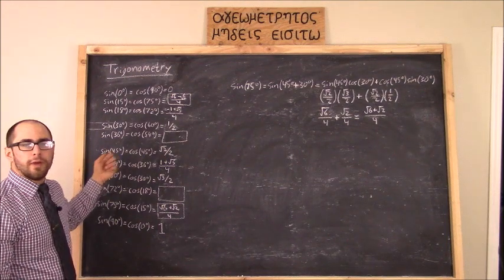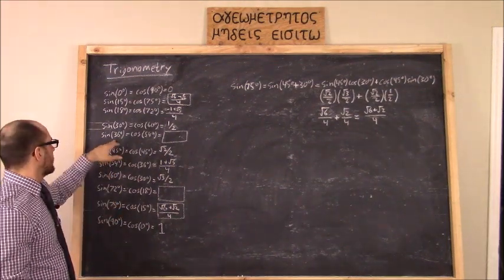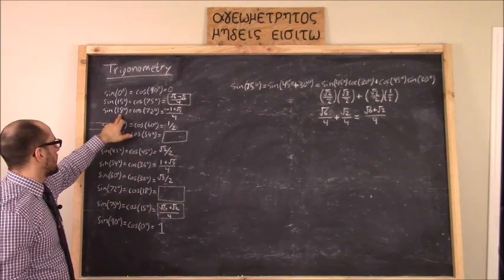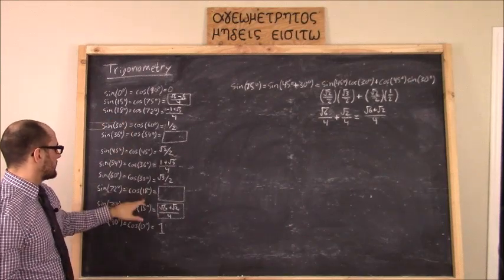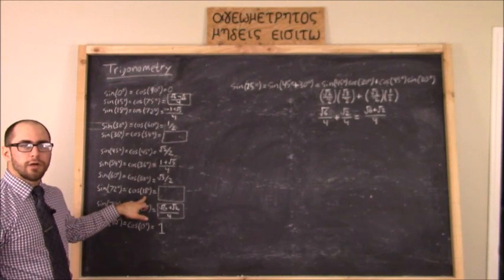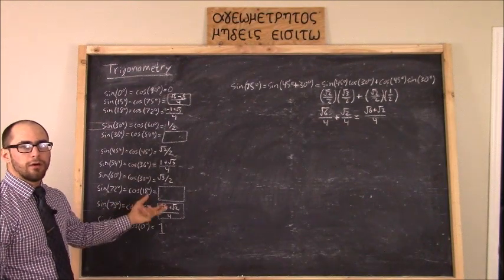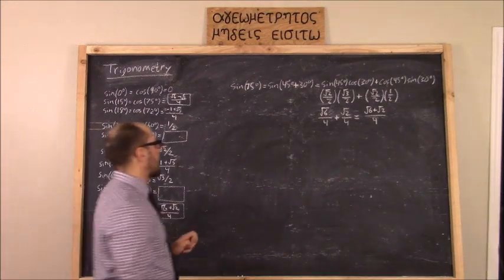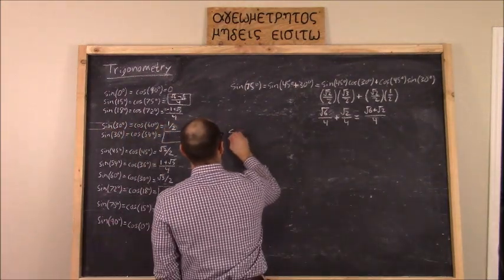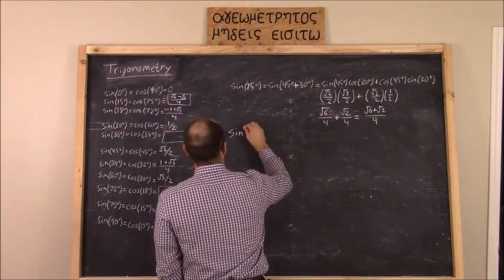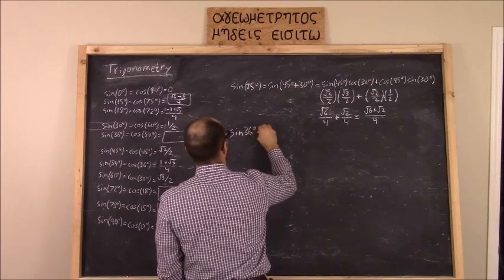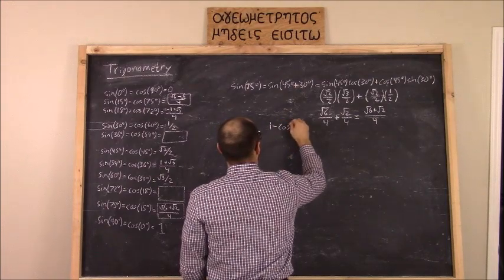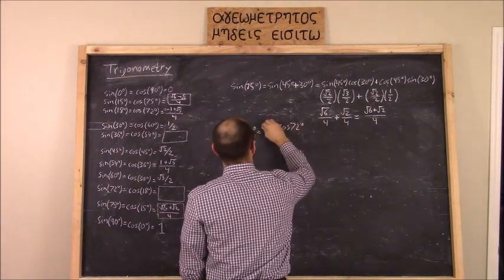Again, there's multiple ways we could do this. We could use the double angle identity with sine 18, but what's the problem? We would need to know cosine 18, which we don't yet know. So, what if I use the half angle identity instead? Sine of 36 degrees is equal to the square root of 1 minus cosine of 72, all divided by 2.